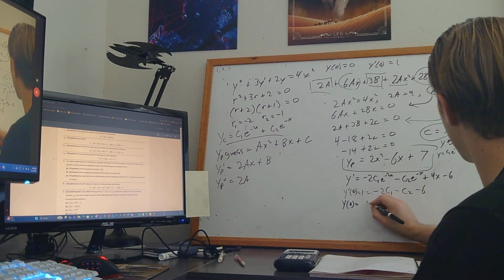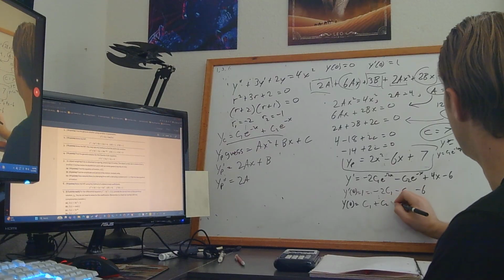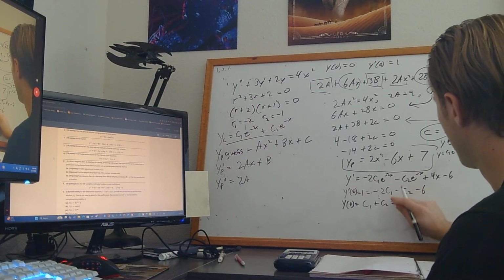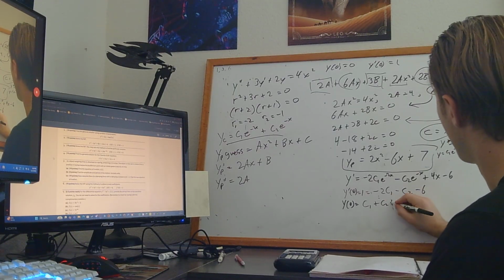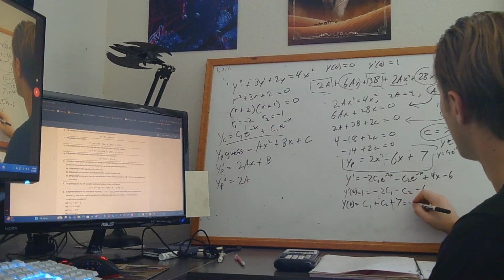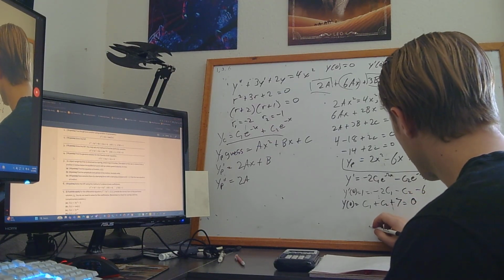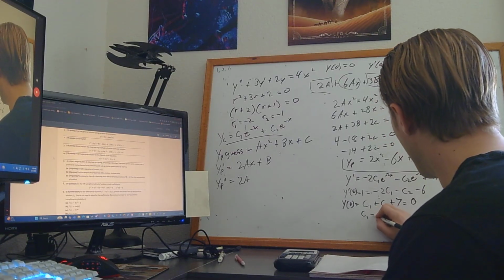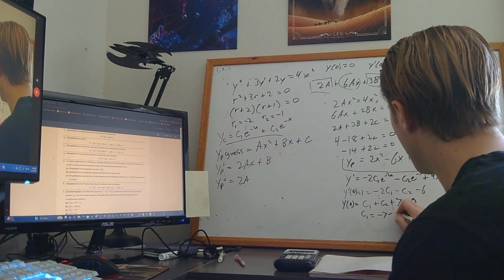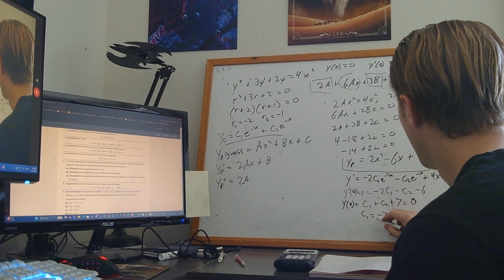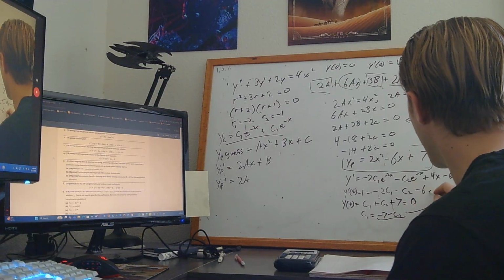So c1 plus c2 plus 7 equals 0. So c1 equals minus 7 minus c2. We'll throw that in there.